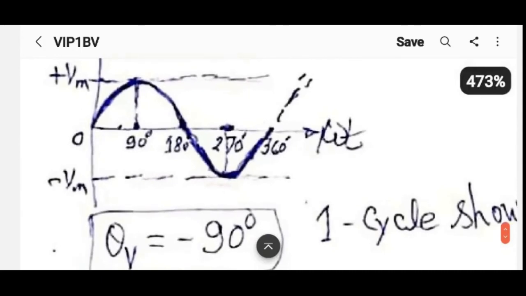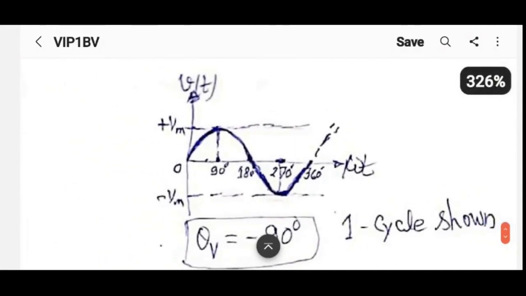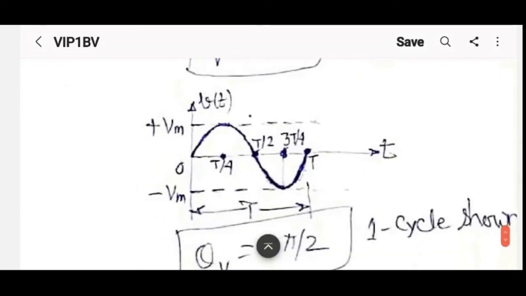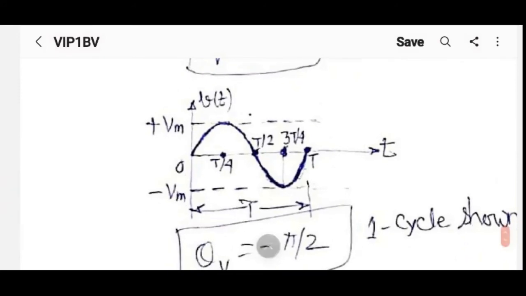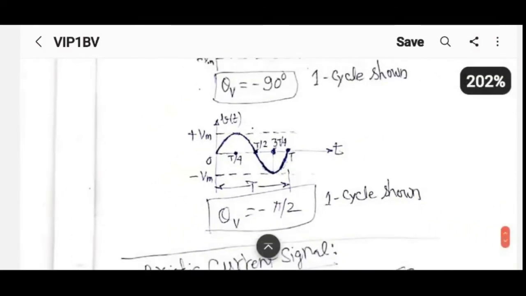If you plot omega t versus small v, you will see 0 degrees, 90 degrees, 180 degrees, and so on. If you plot small v versus time, you will write the time periods as fractional values.